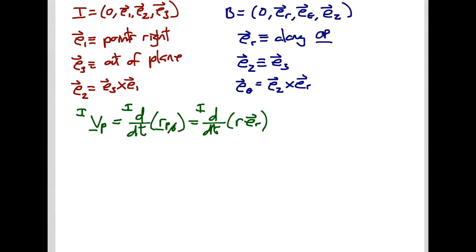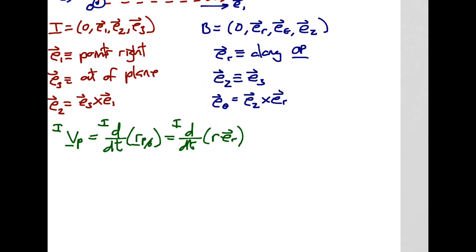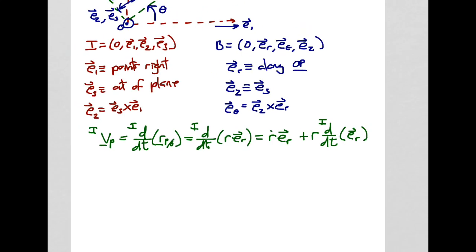Now when we take the derivative of this, we're going to get r dot multiplied times E sub r during the first part of our chain rule, plus r multiplied times d dt as observed in the inertial reference frame of our basis vector E sub r.